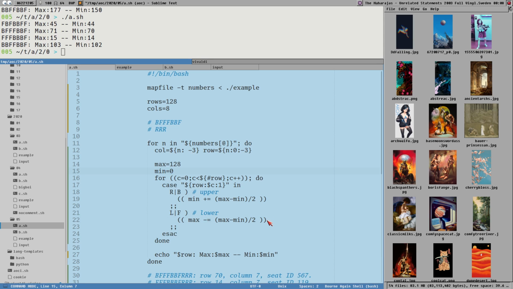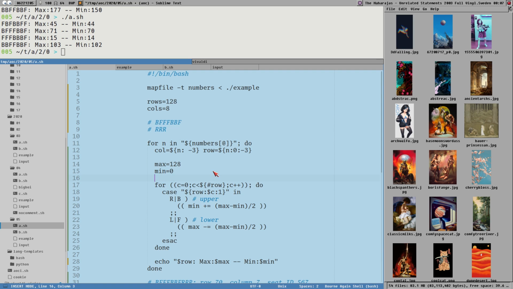So then we just have to do these for... let's just do this. No. Wait. Row num is equal to min.